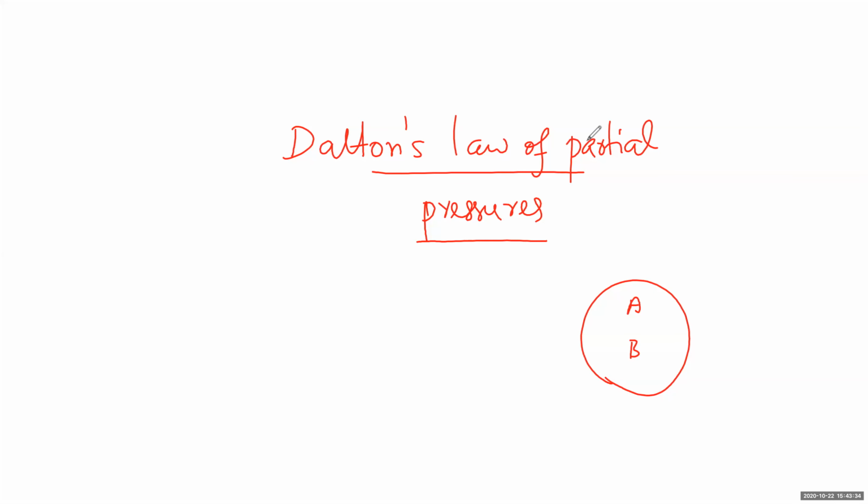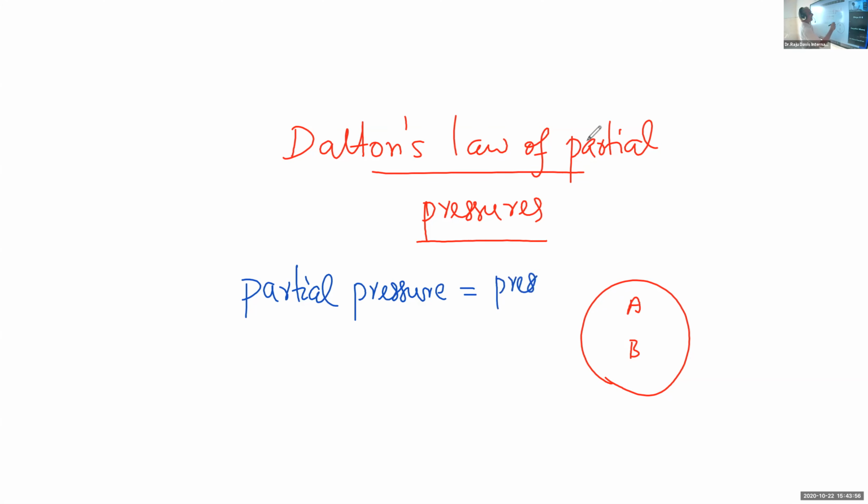If we have a mixture of non-interacting gases, the pressure due to each gas is called the partial pressure. So partial pressure is equal to the pressure due to each gas, that is called the partial pressure.